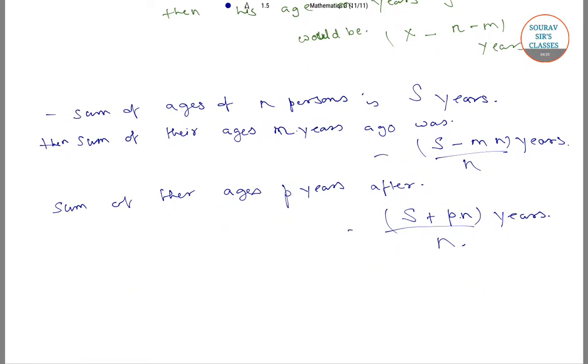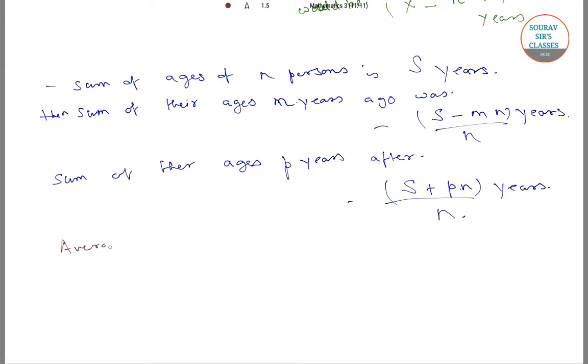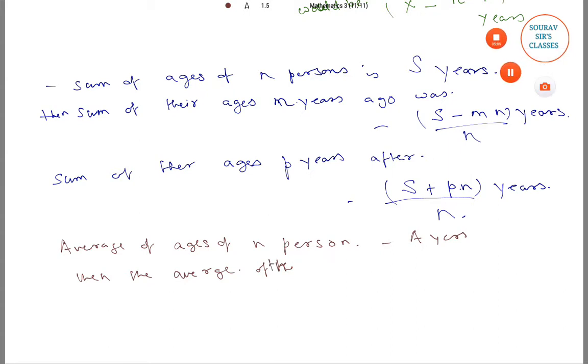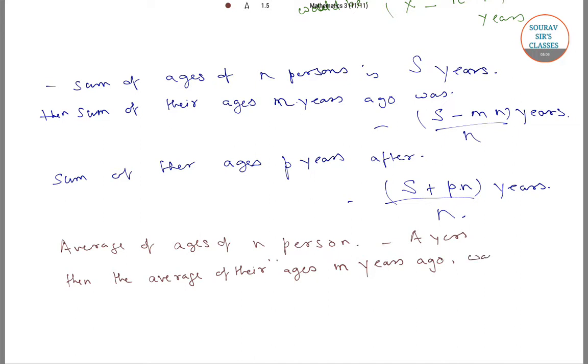Now from here we can see that instead of the sum, if we are given that the average of the ages of N persons is A years, then the average of their ages M years ago was A minus M, and P years hence would be A plus P years.